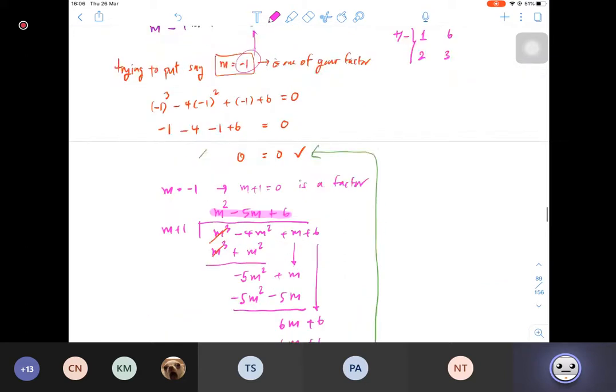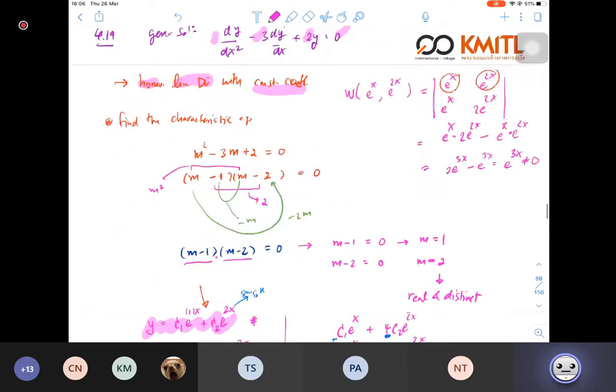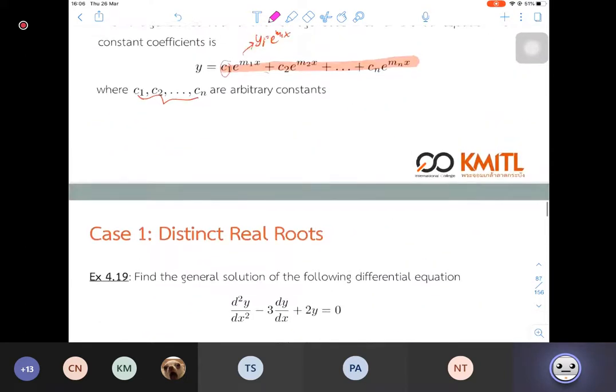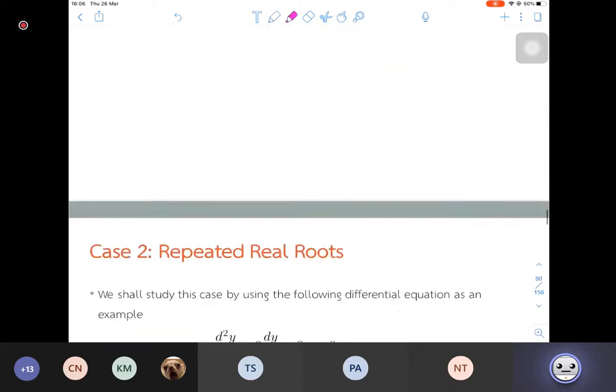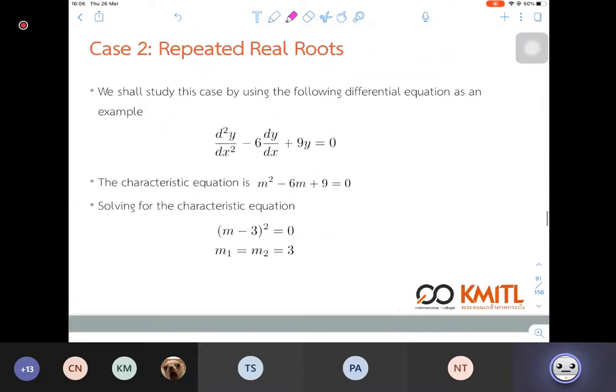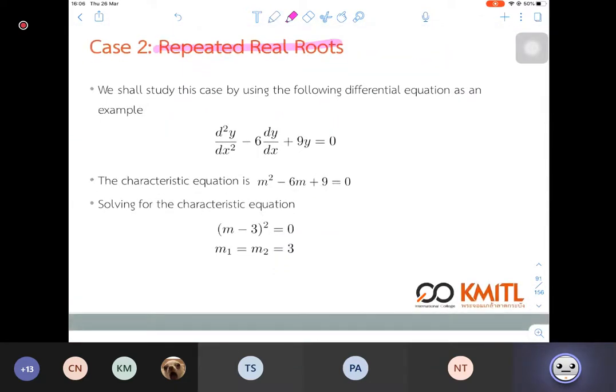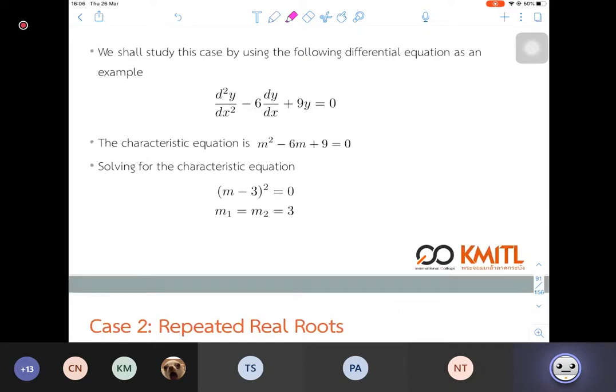All right. So that's how we get the first case, distinct real roots. Now the second case is going to be repeated real roots. For example, you have d squared y by dx squared minus 6 dy by dx plus 9y equal to 0.